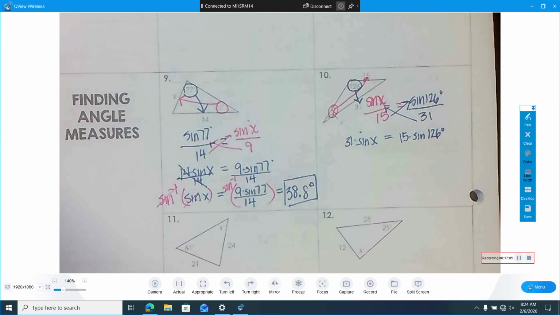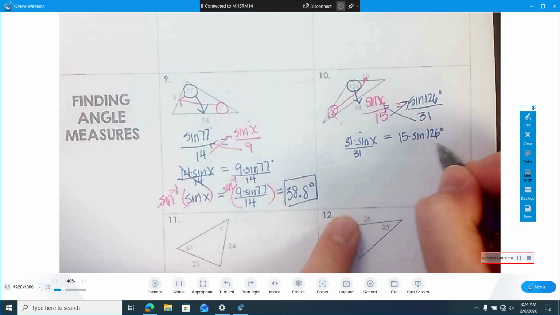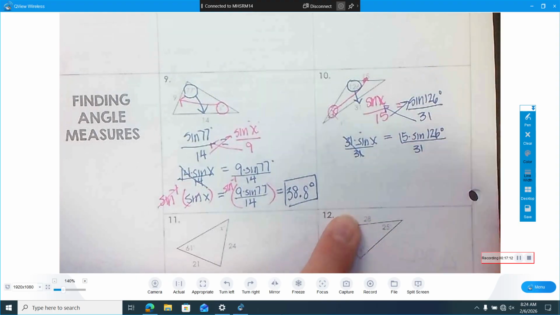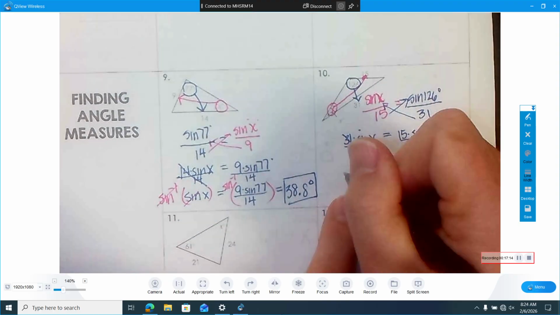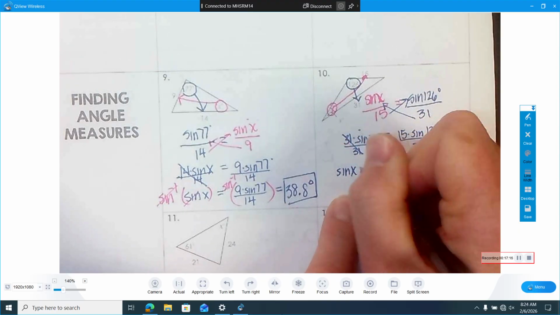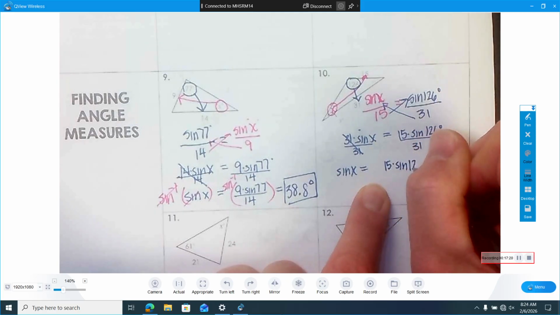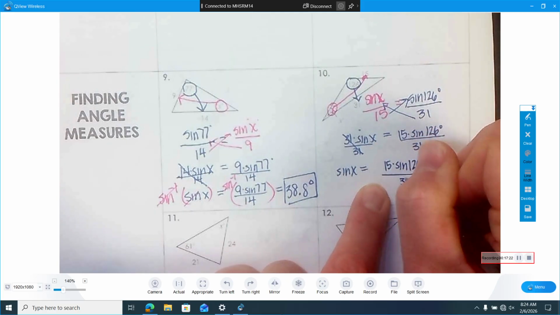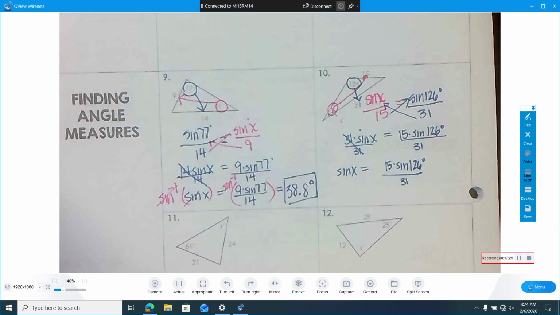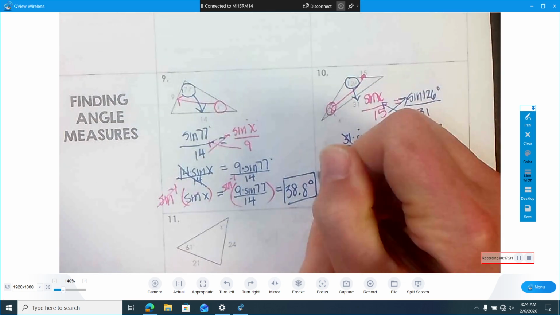Then what should we do? Divide by 31. So the 31 is gone. I'm left with the sine of my angle X equals 15 times the sine of 126 degrees over 31. And then how do you free the X? Sine inverse of both sides.